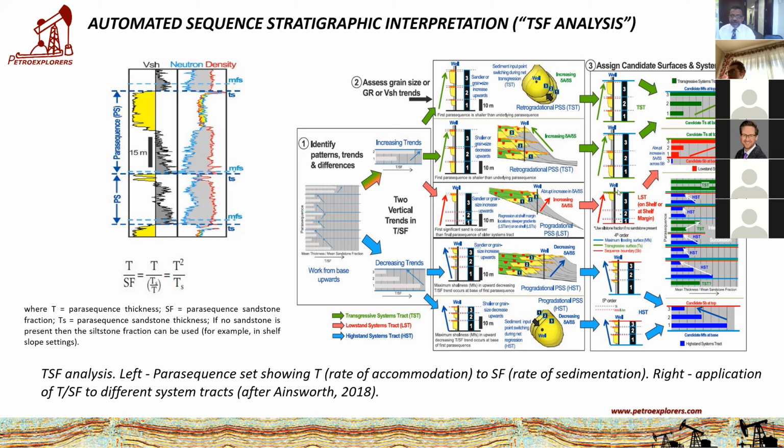By looking vertically, you can actually tell if they are retrograding or prograding based on the change in the sequence, the thickness of sand, or what we call the thickness ratio. It is the sand ratio, which is the rate of sedimentation, the sand fraction, over the rate of accommodation, which is the total thickness. So the rate of sedimentation can be defined based on each parasequence.